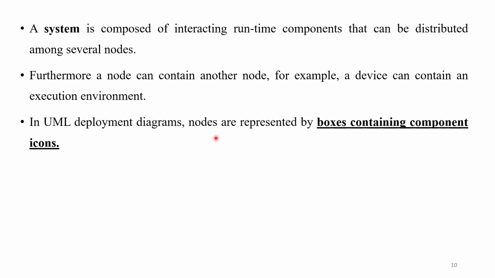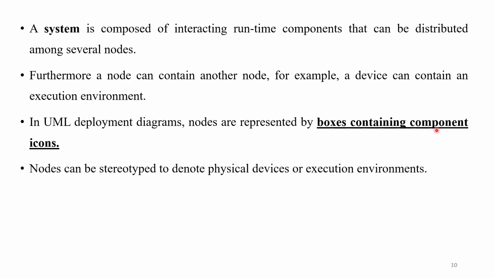In a UML deployment diagram, the nodes are represented by boxes containing component icons. There will be one box, and within that, the component icons will be there. So that together represents a deployment diagram. A node can be stereotyped. Stereotype is nothing but the double angular brackets.